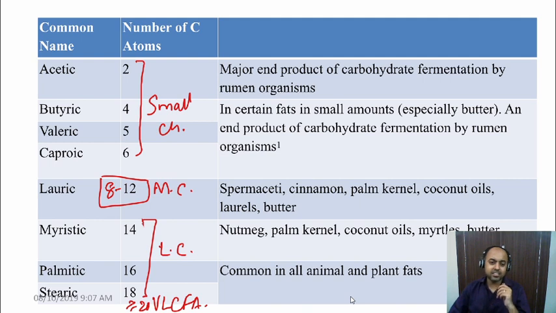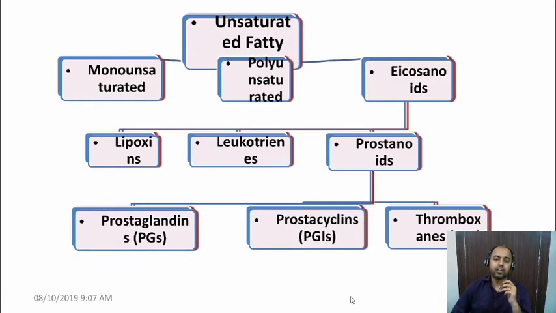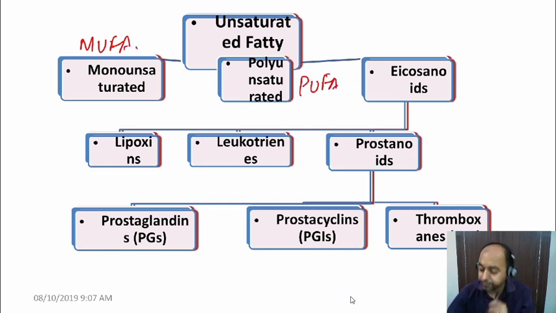For the unsaturated fatty acids, the same classification can apply, but we have a better system to identify them. The unsaturated fatty acids are primarily classified as monounsaturated and polyunsaturated. The polyunsaturated fatty acids give rise to what are known as icosanoids.